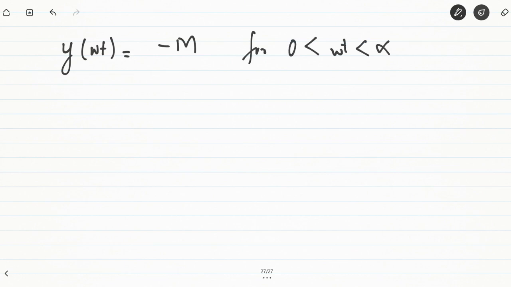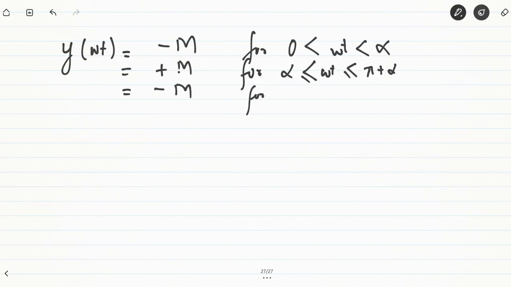Therefore y of omega t is equal to minus m for 0 to alpha, plus m for alpha to pi plus alpha, and again minus m for pi plus alpha to 2 pi plus alpha.